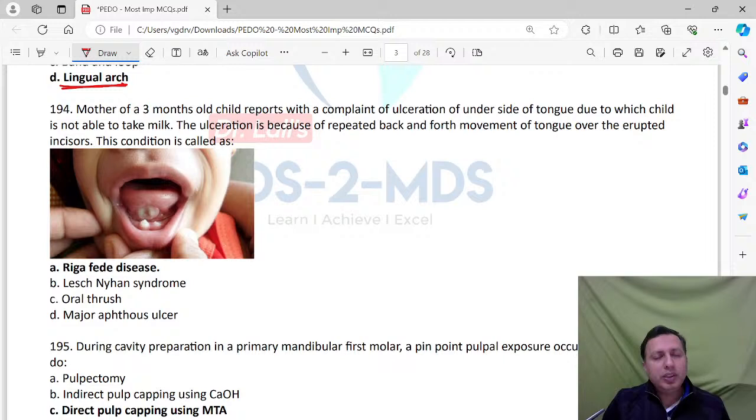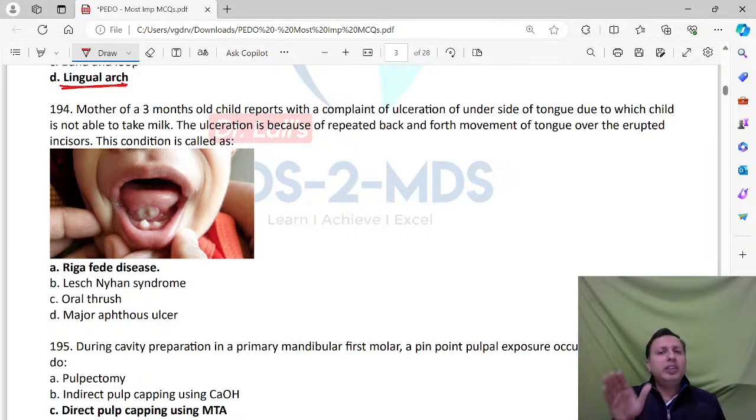See, in the wait and watch option, they have told that there are physiological spaces or generalized spacing present. Now, the physiological spaces or the generalized spacing are the ideal thing. Okay, it's a self-correcting anomaly that is present in a primary dentition. So in that case, no treatment needs to be done.